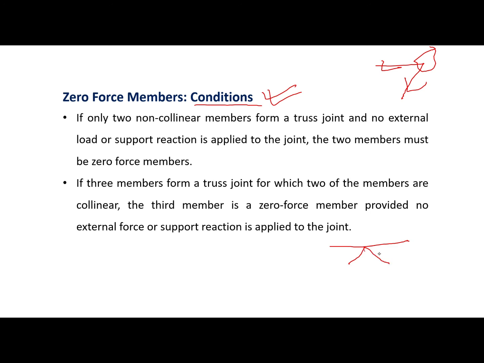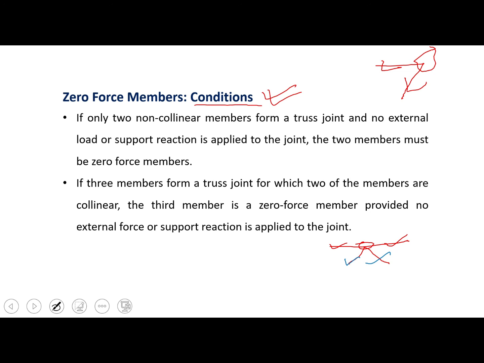For this particular joint, you can see this member and this member are collinear, and at this joint there is no force acting. So we can say that the two members highlighted in blue are the zero force members, right? So these are the criteria to keep in mind for identifying the zero force member.